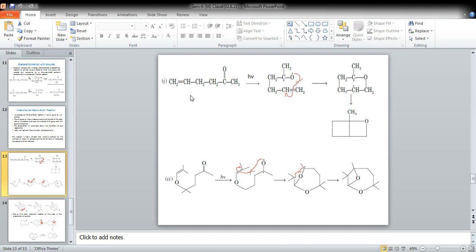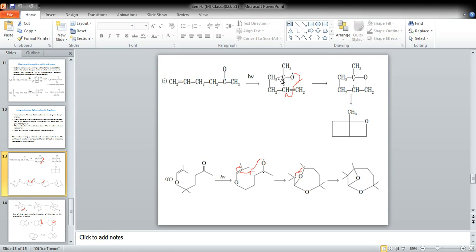So this particular compound on subjecting to ultraviolet light produces an excited carbonyl compound. So C=O will be excited to the singlet state first of all. So this oxygen has a free radical and carbon has a free radical.